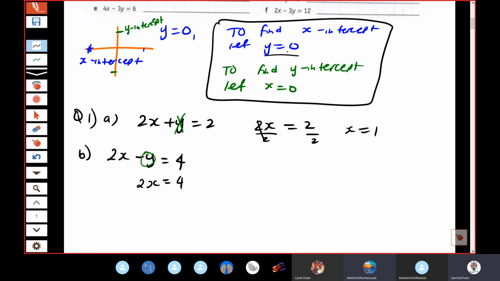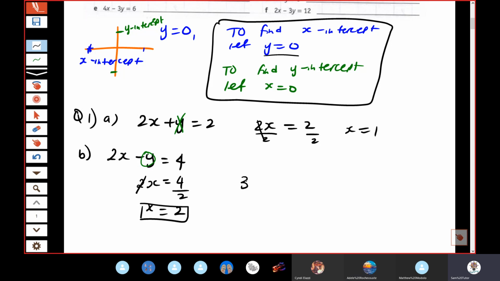To find the x-intercept, you let y equal to 0. Now I'm up to here, and I want to solve for x. So I've got to get rid of this 2. You put it over 4. Yeah, that's it. Exactly right. So x equals 4 divided by 2? 2.